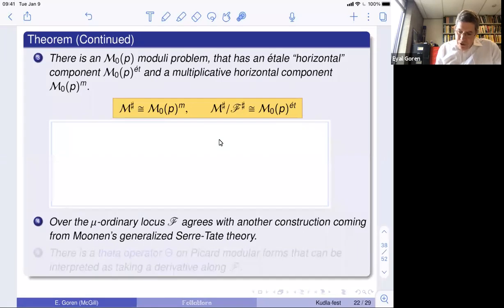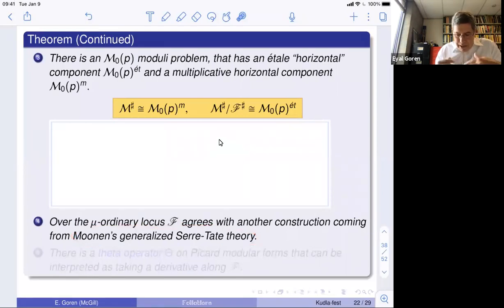So over the general point, over the mu ordinary locus, those are not really ordinary abelian varieties. That's why the mu appears here. But nevertheless, over the mu ordinary locus, there's another way you could construct foliations a priori, which is using Ben Moonen's generalized Serre-Tate theory.